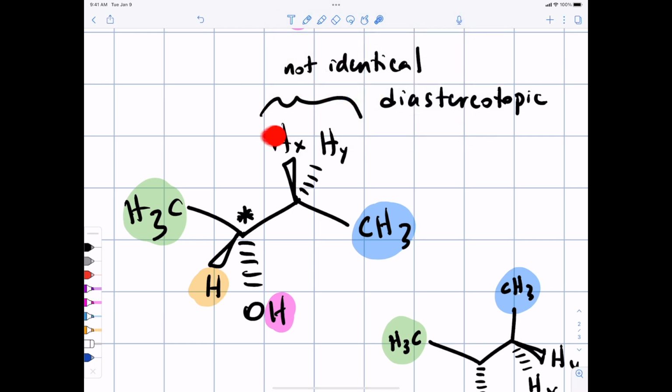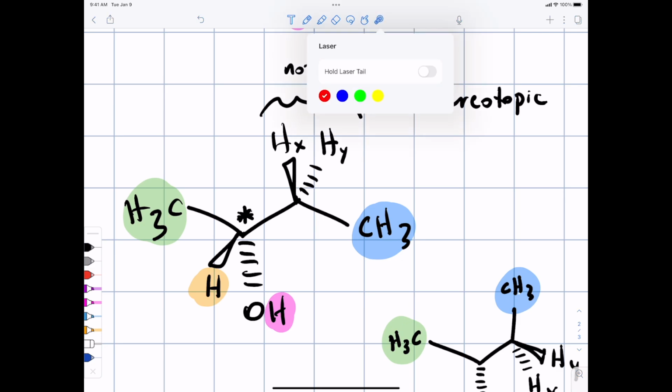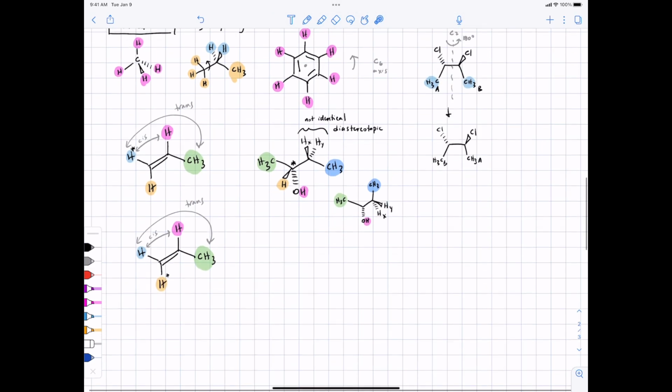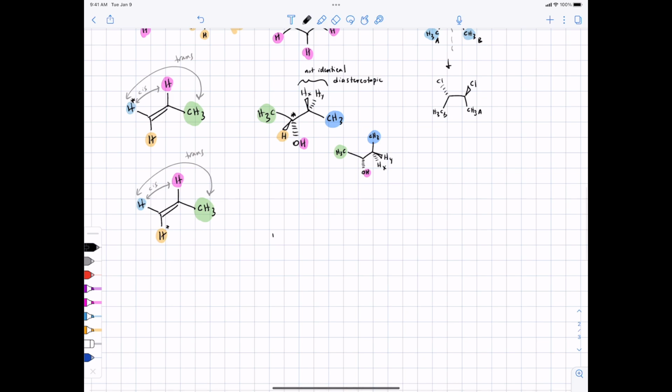Diastereotopic protons can couple with each other. And so if you have 2 diastereotopic protons and they're adjacent to only one other proton, cross out what these methyl groups are. Fine. We'll just put benzene rings.